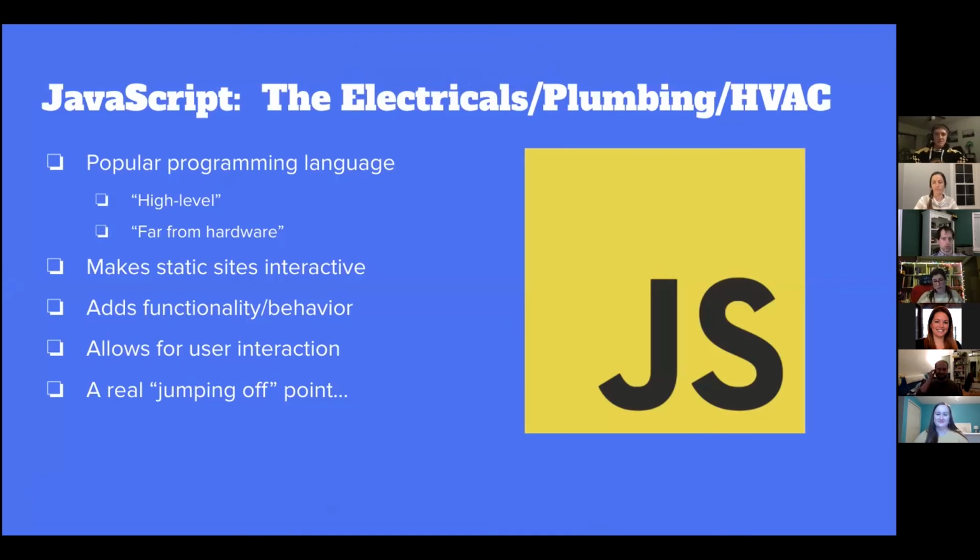For CSS, we added the seasoning, the flavor, the toppings, as well as the interior decorating. If you want to do our house metaphor, though, it's missing the electricals, the plumbing, the HVAC, everything that makes it alive and interactive. We want to be able to actually eat the sandwich. We actually want to be able to live in our house and have it be a good dwelling.